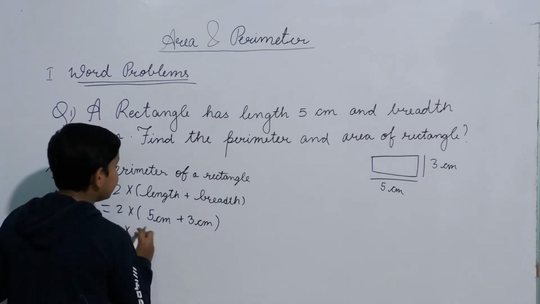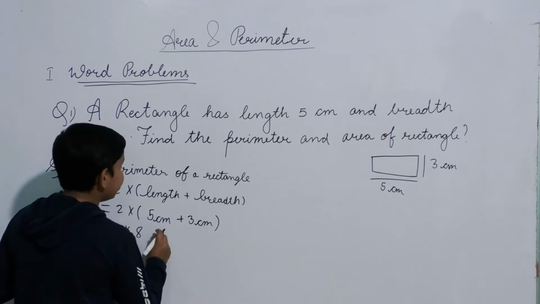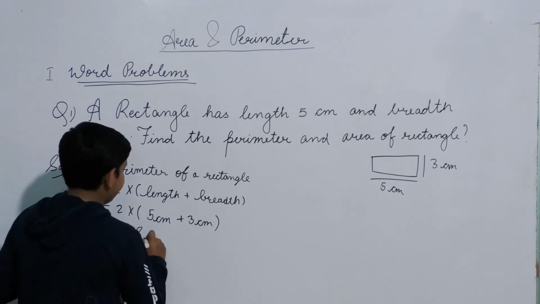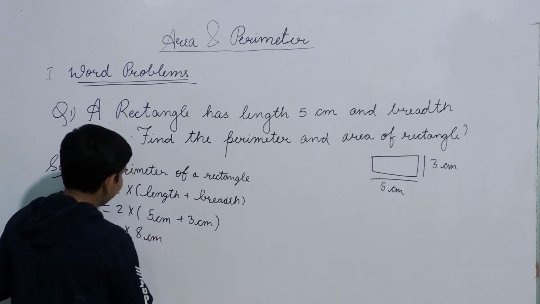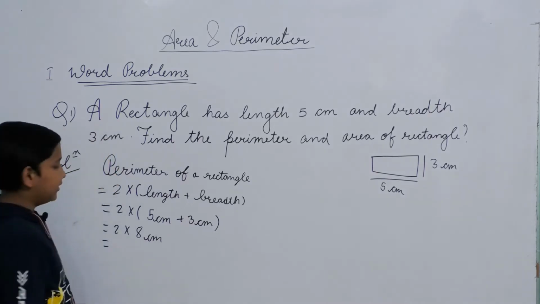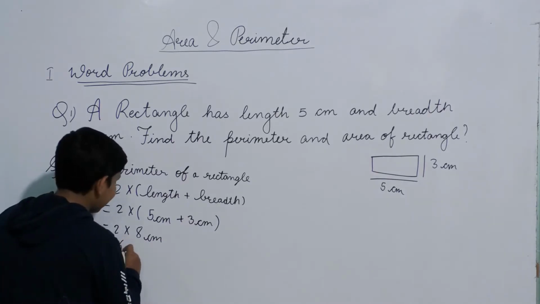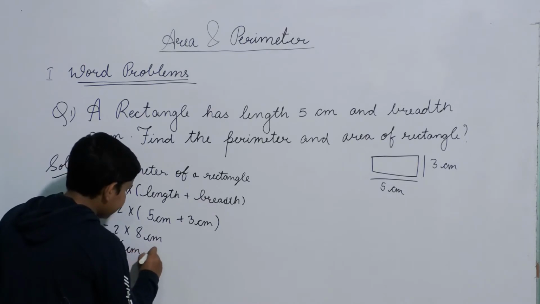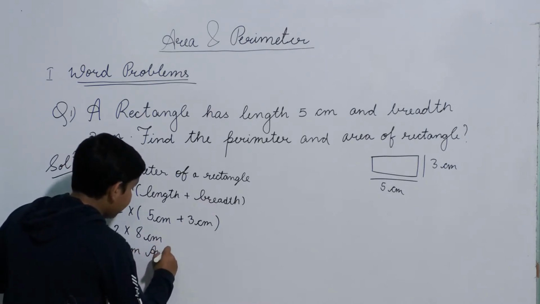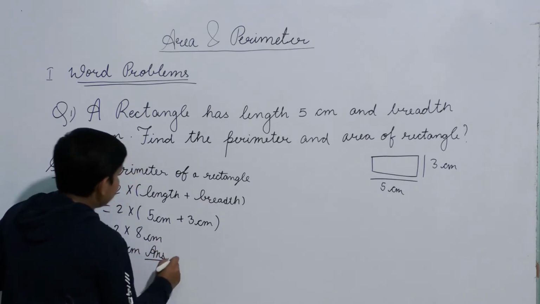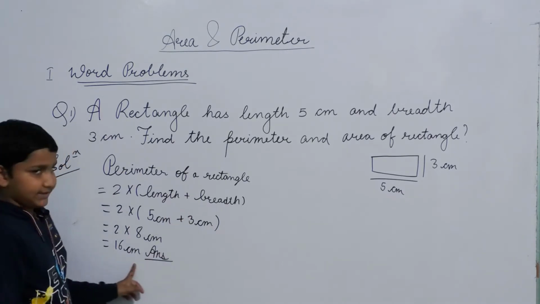So 2 into (5 plus 3) is 2 into 8 cm. 2 into 8 equals 16 cm. So the perimeter of the rectangle is 16 centimeter.